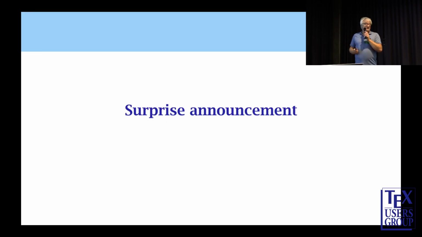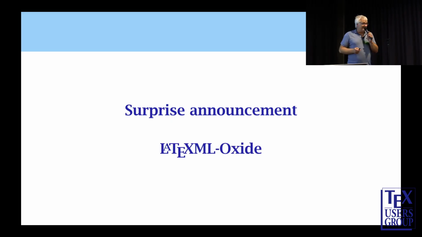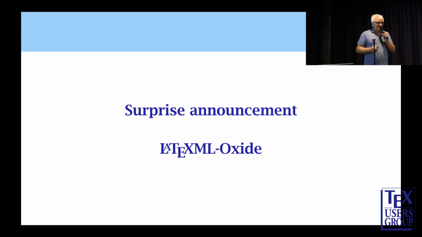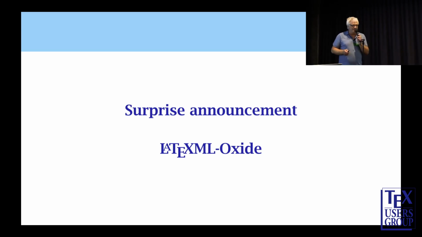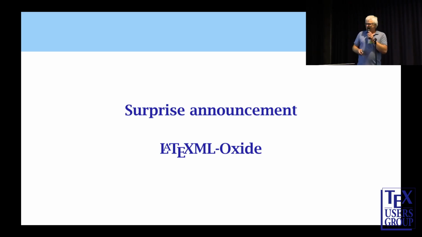Okay, and now for the surprise announcement. It's super important for us. Today, actually, Deyan released LaTeXML Oxide, which is a Rust rewrite of LaTeXML. Now you might say, well, Rust, everything needs to be Rust.